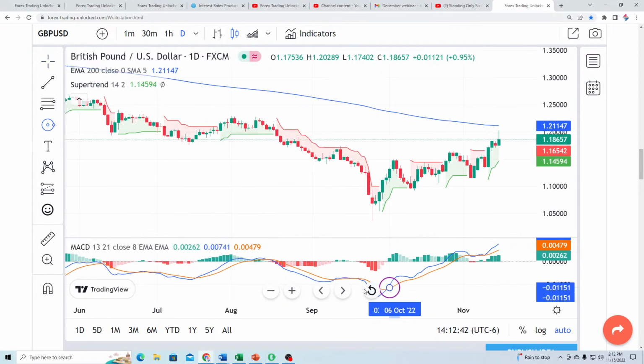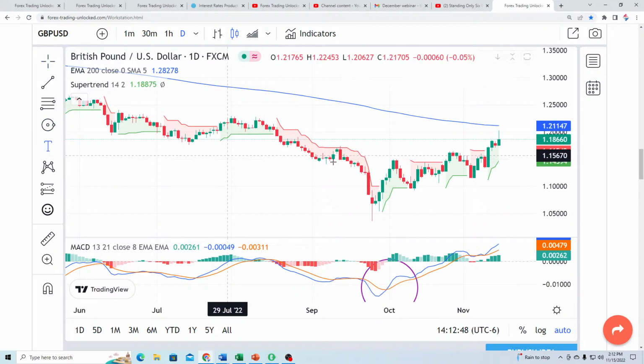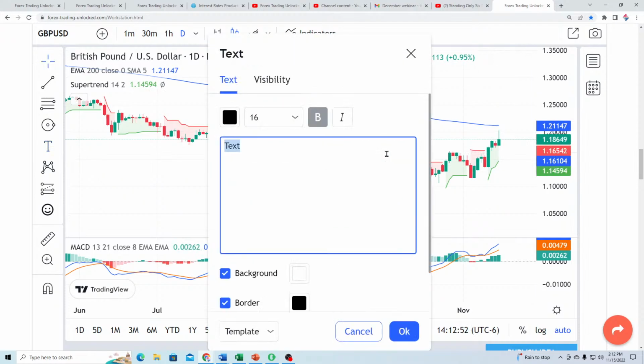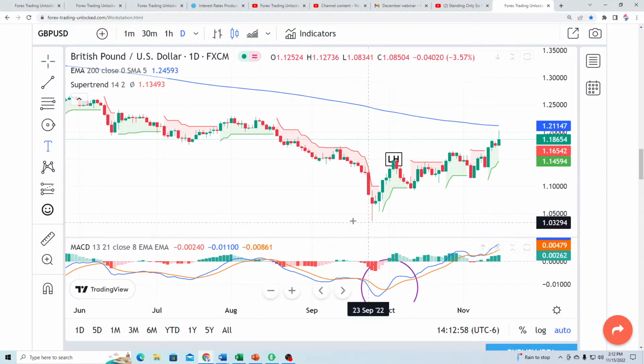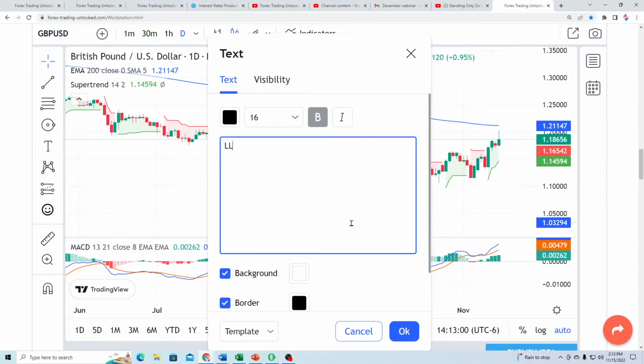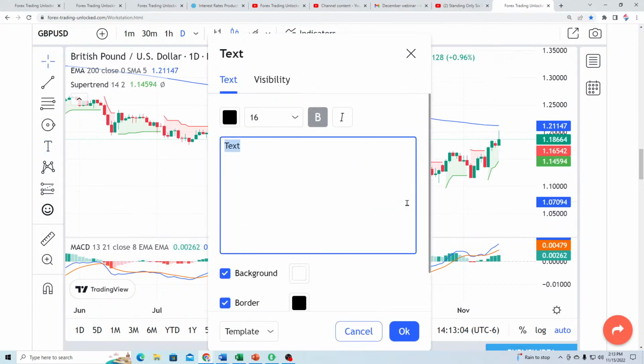We have to move this over a little bit. Okay, where this crosses over right here, we have a situation where we have a lower move high. We have this lower move low here. But then we have this higher move low.